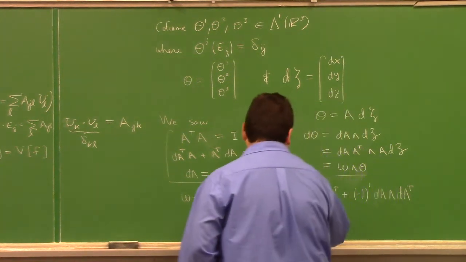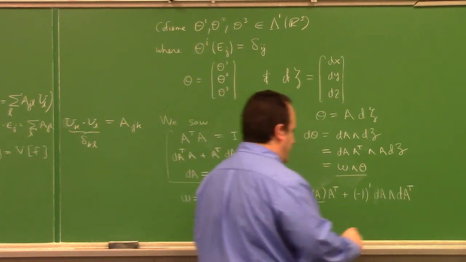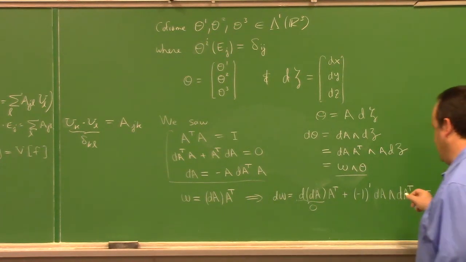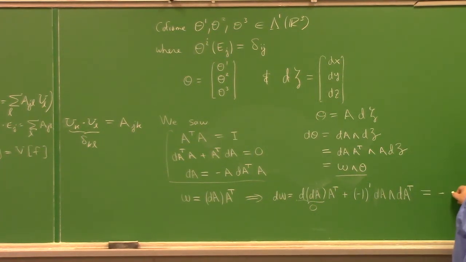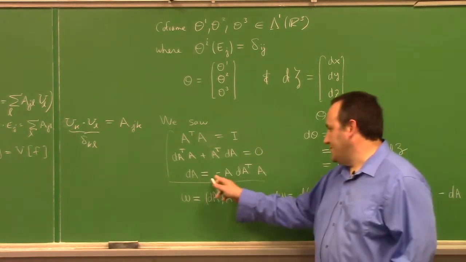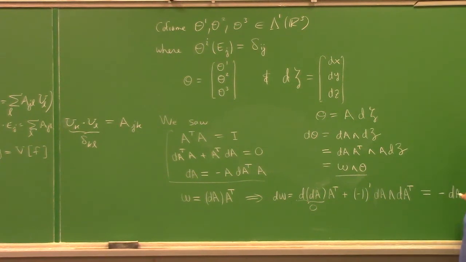Okay, and now the first thing, of course, is 0. But then over here, we have minus dA, well, we can trade dA. I guess I'll keep the dA, dA A transpose, right? A dA transpose, right?